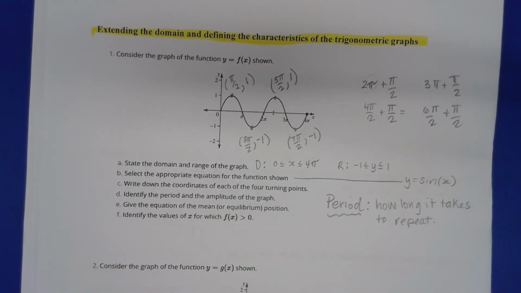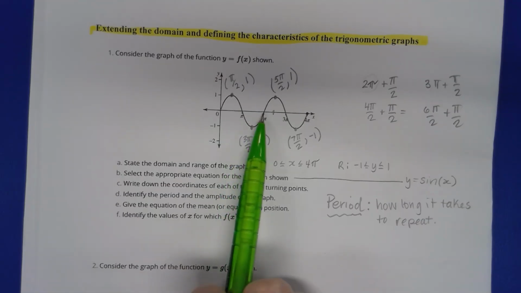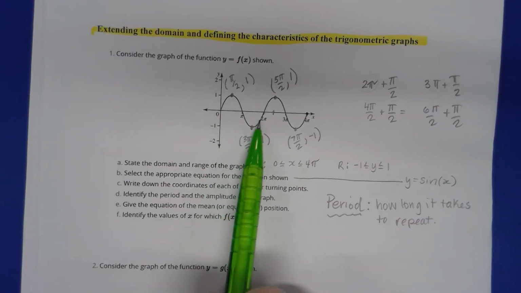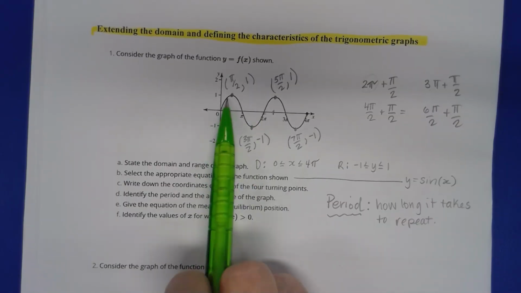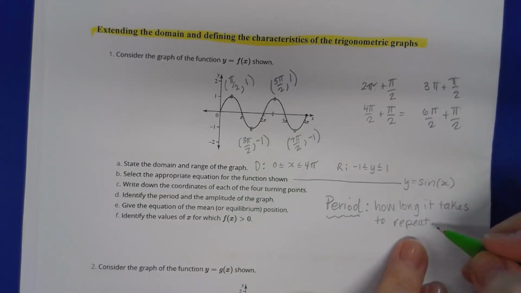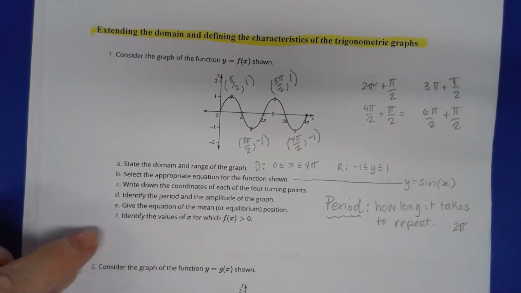So, if I start at 0 and I go like that, it starts repeating now, doesn't it? So this is one period of the sine. So there's 2 periods of the sine here. Is that all right? Okay, so the period of this one is 2 pi. That's how long it takes.